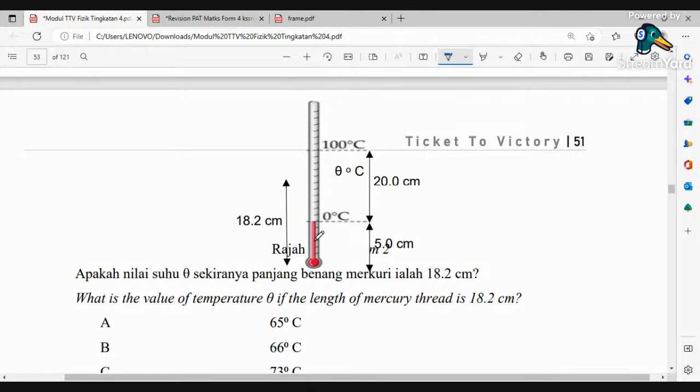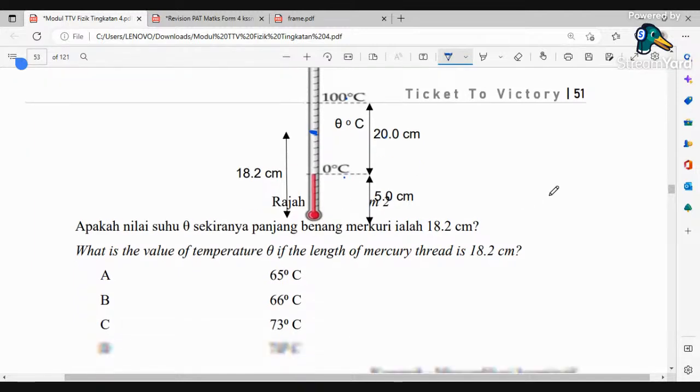Now the question wants you to find what happened if suddenly the mercury thread increased to 18.2. Of course, there will be a new temperature reading, theta degrees Celsius. 20 cm is for 100 degrees Celsius. For 0 degrees Celsius, the length of the thread is 5 centimeter.